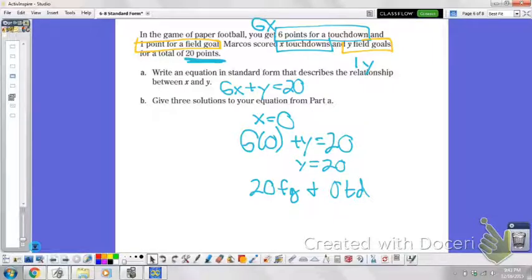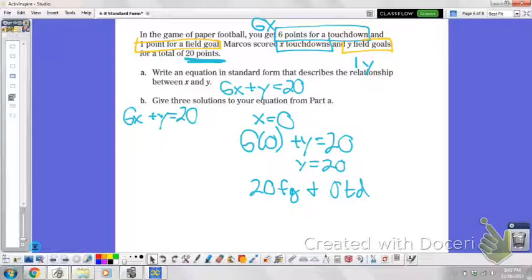So now I need to find two more solutions. Now we could start plugging in numbers and guessing and checking, but we can be more efficient than that. If I take my equation, 6x plus y equal to 20, then I solve it for one of my variables, it will allow me to substitute in a value and get the other one out.